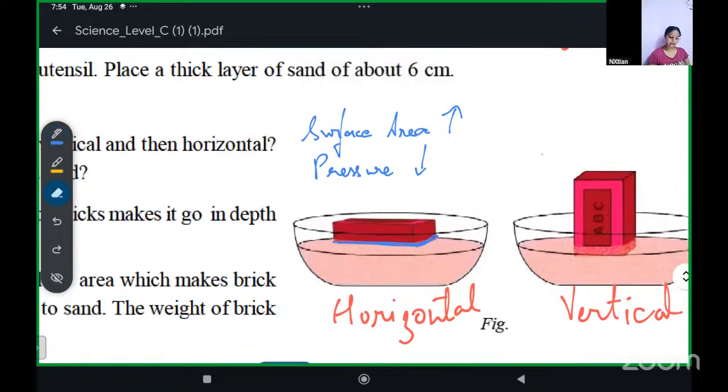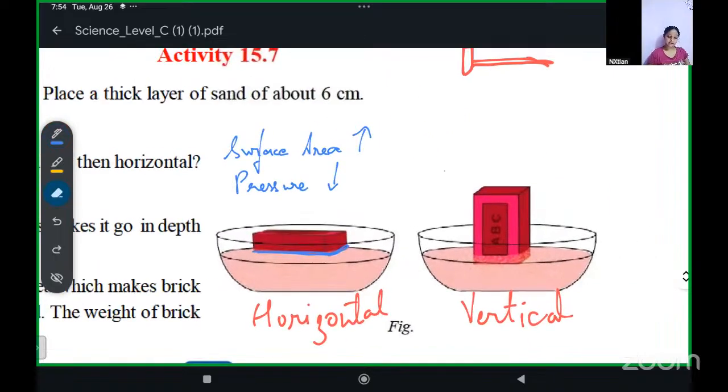Whereas in the second situation, where the surface area, this portion, is less, the pressure will be more.